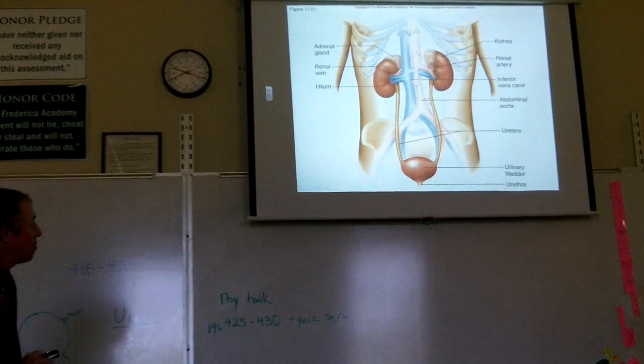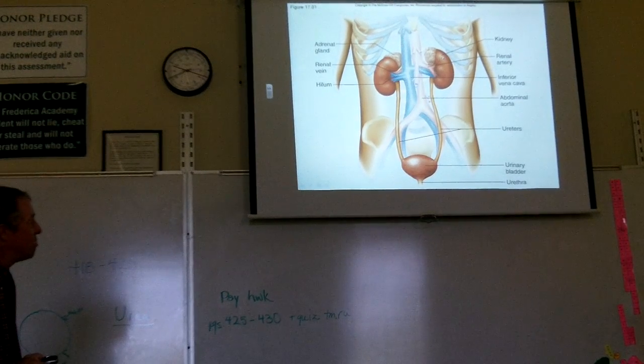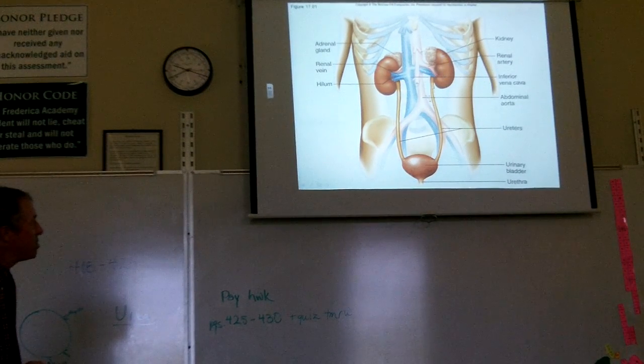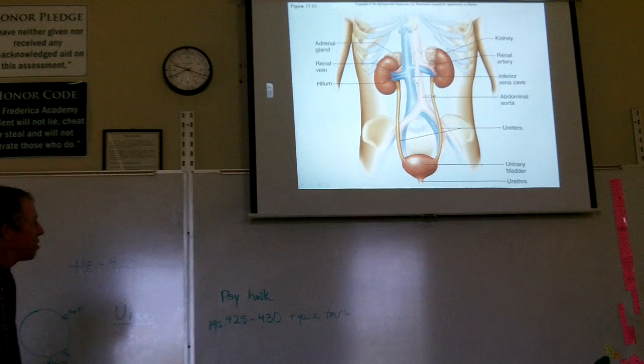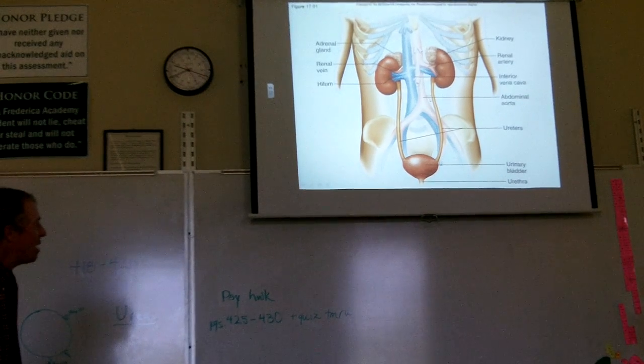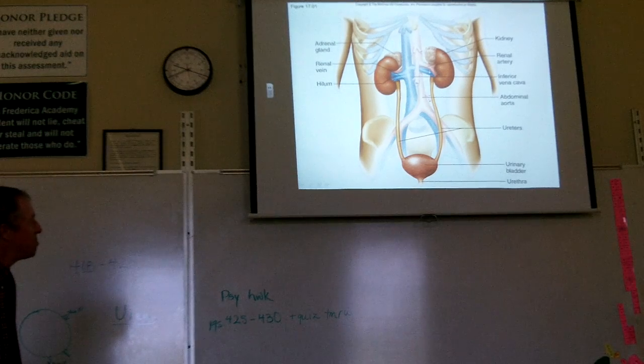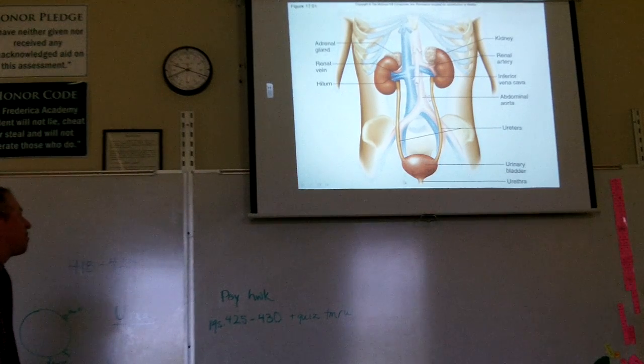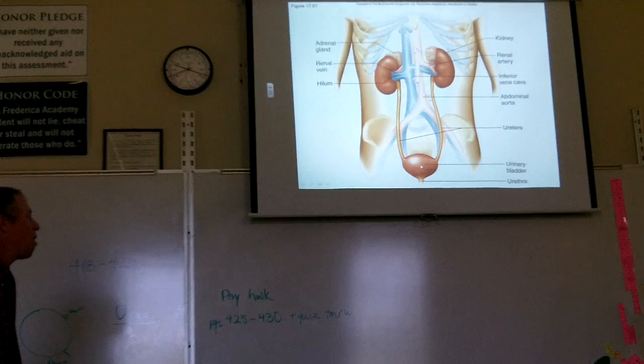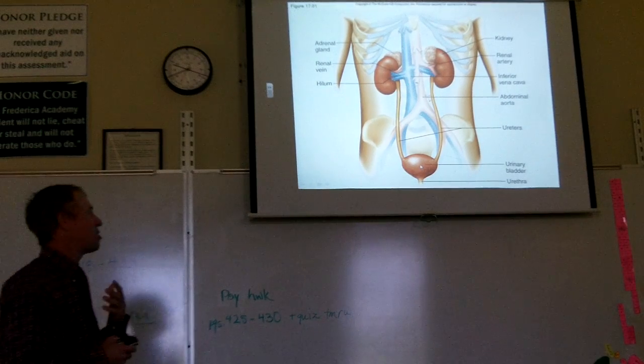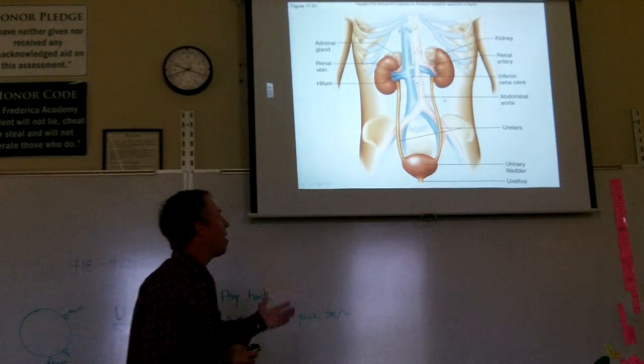So the blood goes into the kidneys. The kidney removes the urea, pushes it down this tube here with some water. It drips down through the ureters, that's what these are called, and the fluid collects in the urinary bladder. And it just slowly drips down and builds up over several hours, depending on how much water you've been drinking. It's also a way for the body to get rid of extra water that's in the blood.